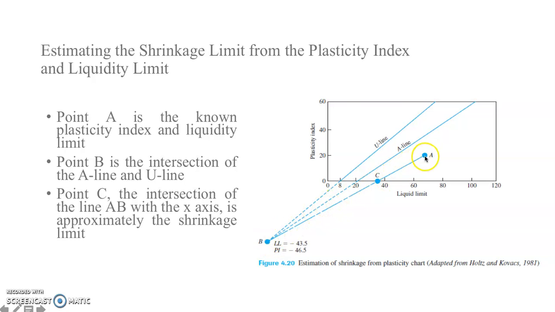So you have plotted your point A, which has a known plasticity index and liquid limit. And of course, you have your point B, the intersection between the A line and the U line. Once you connect point A and point B, it will intersect along the x-axis, and that is what we call point C. And this point C is now approximately our shrinkage limit.